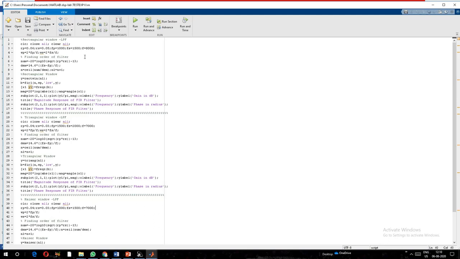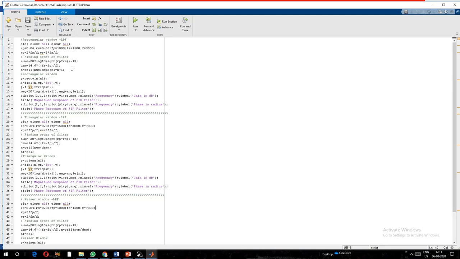Sampling frequency we consider 8000, and omega p will be 2 pi into passband frequency by f. Similarly, omega s is equal to 2 pi into stop band frequency by f.